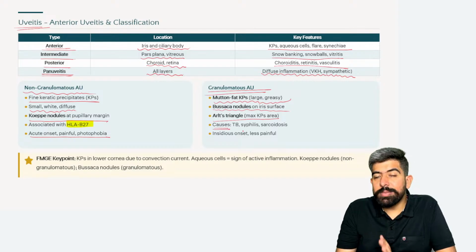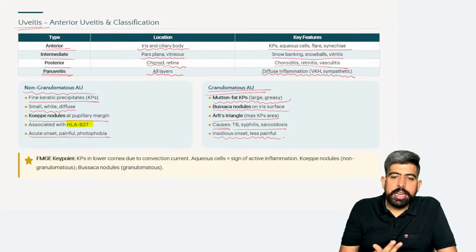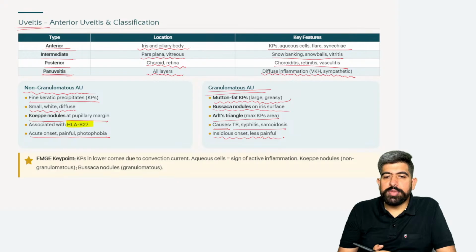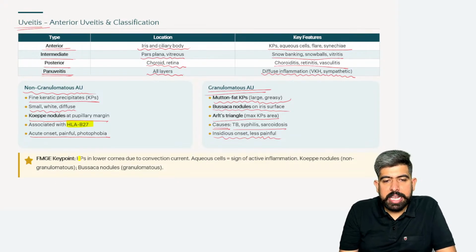The causative organisms for the granulomatous, please remember TB, syphilis, and sarcoidosis. All right, and the insidious onset will be less painful. Please remember for it. They have insidious onset, and the granulomatous will be less painful. Now, the key point for you is the KP is on the lower cornea due to the convection current, and aqueous cells are the sign of active inflammation.